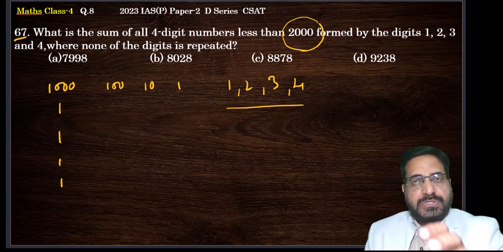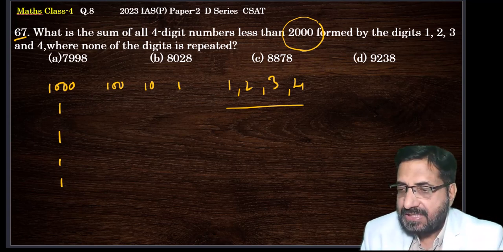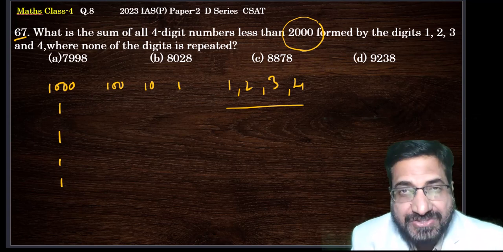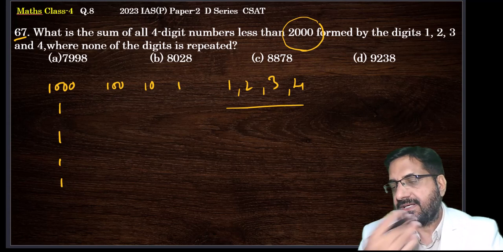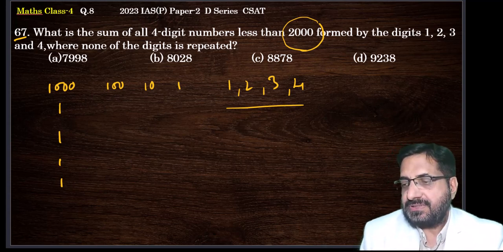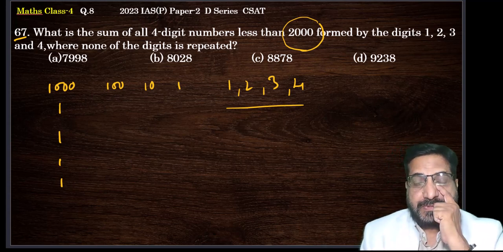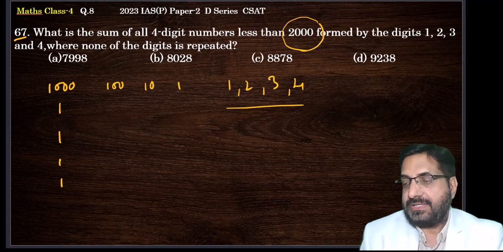The number that you are going to form should be less than 2000. That means in my 1000th place, there should not be a digit which is greater than 2. That means it is 1 only.